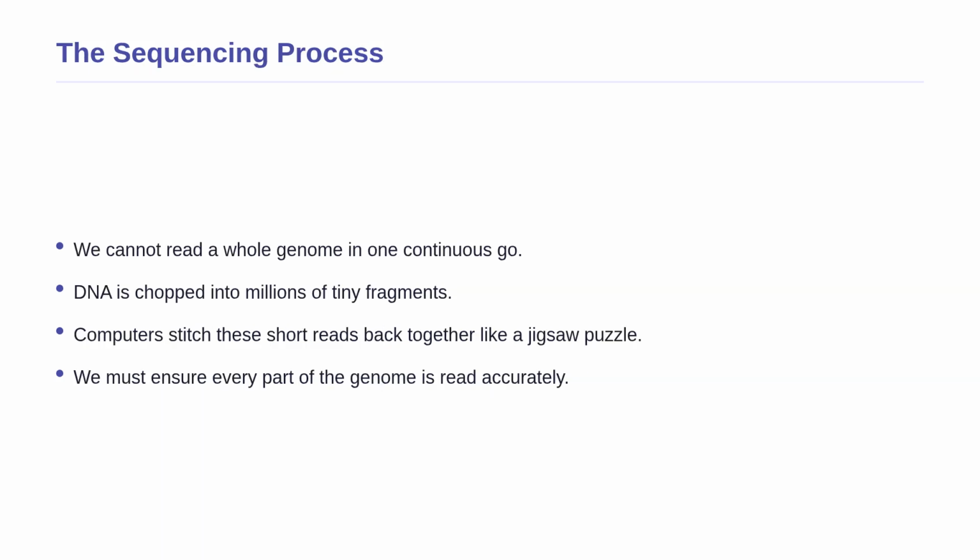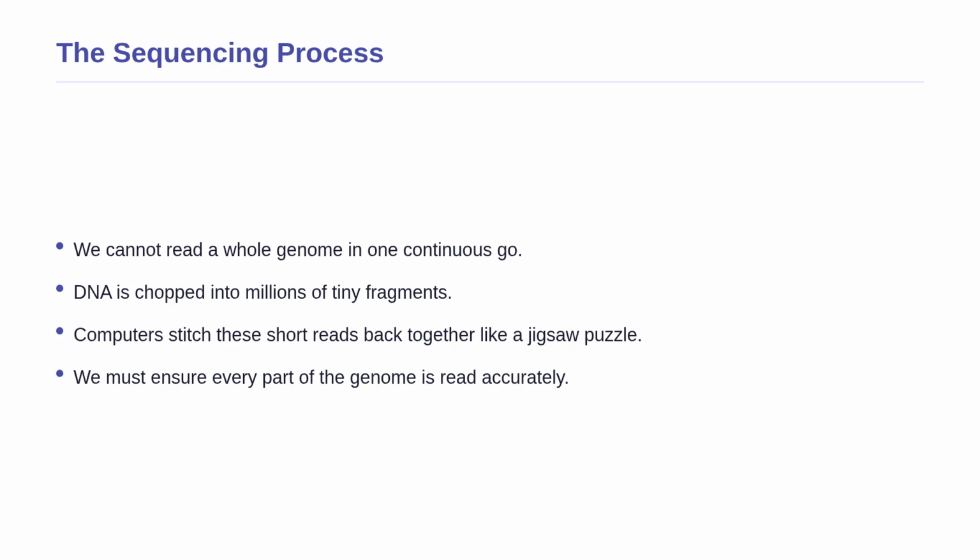This incredible real-world impact leads us to how we actually read the DNA. When we sequence a genome, we cannot read the whole thing from start to finish in one continuous go. The technology does not allow it.